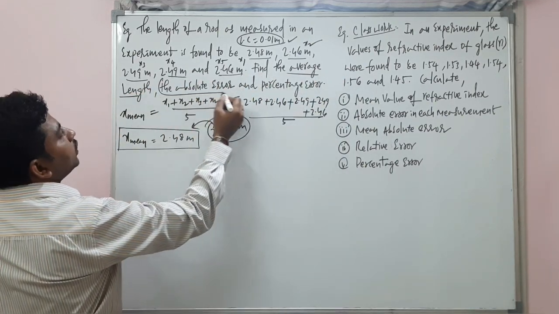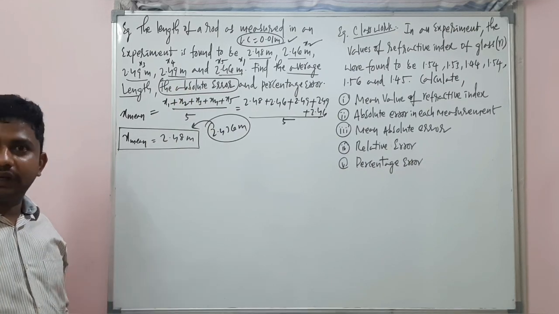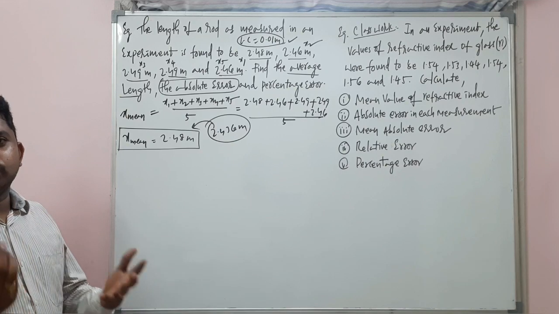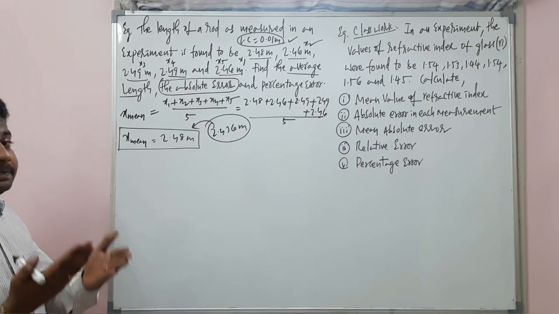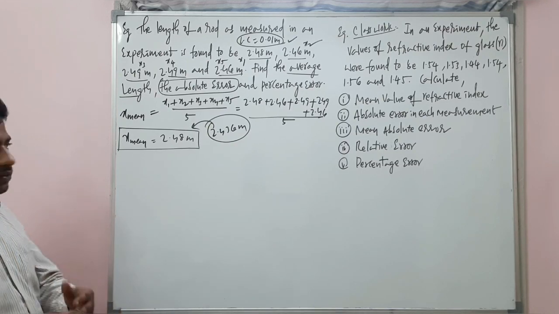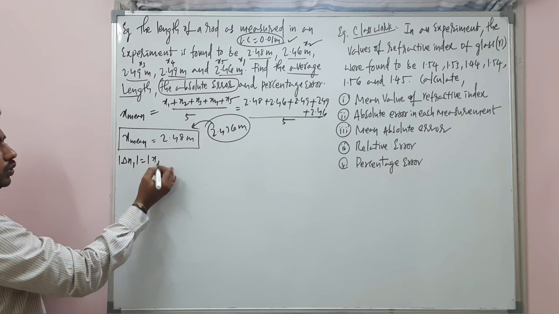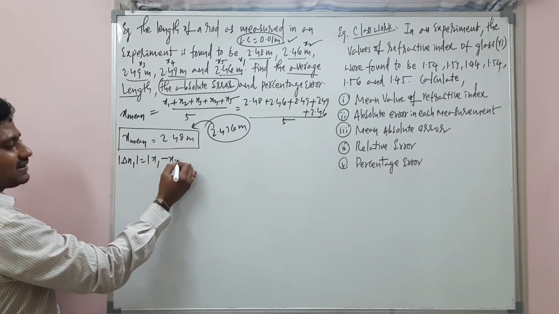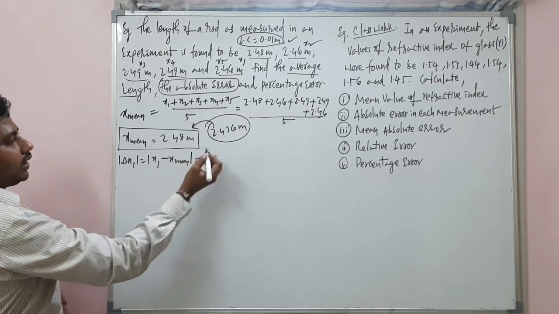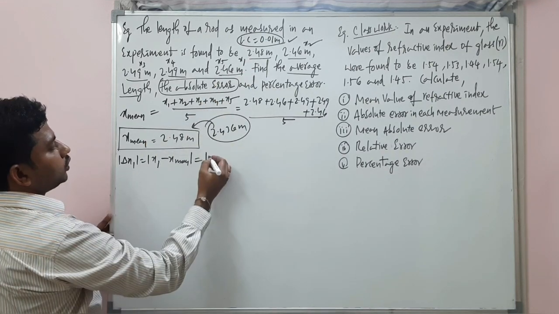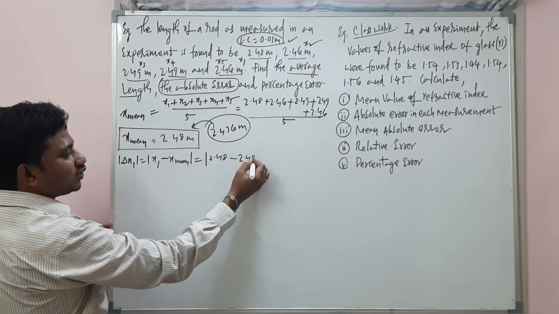Now, absolute error. There is an absolute error in each and every measurement, and the mean absolute error also you can find out. First find the absolute error in each measurement. Delta x1 is equal to mod of x1 minus x mean. What is x1? The first value, 2.48, minus x mean, which is also 2.48.